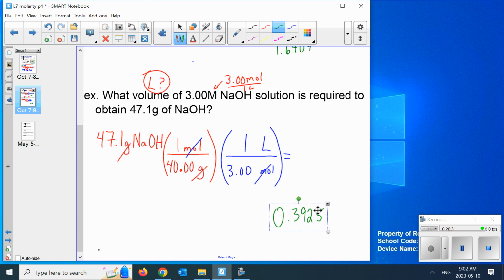I want to keep 3 digits because that's the smallest amount of significant figures in the numbers. That 2 rounds up to a 3. So 0.393 liters, and that's sodium hydroxide.